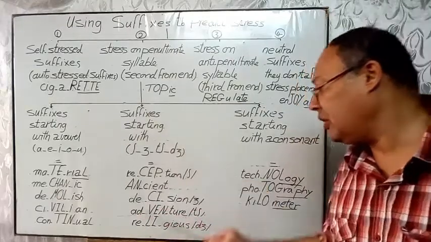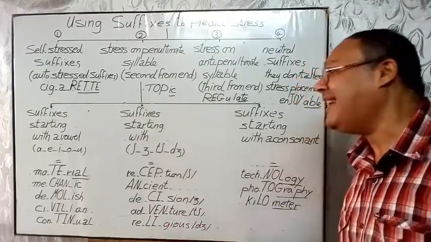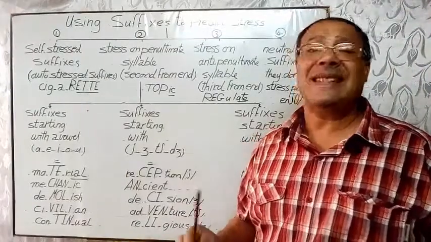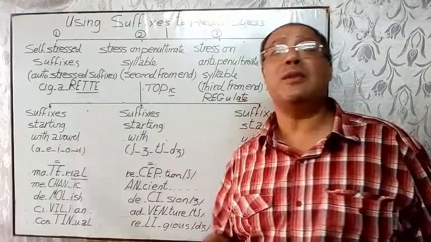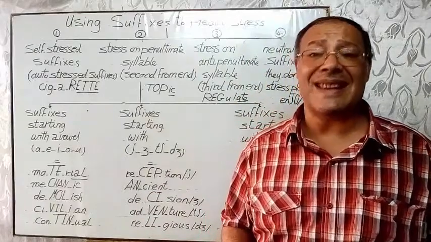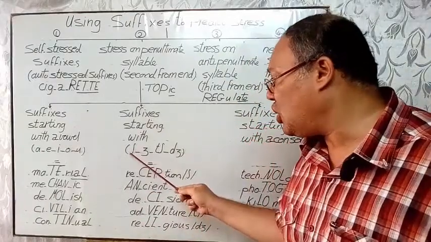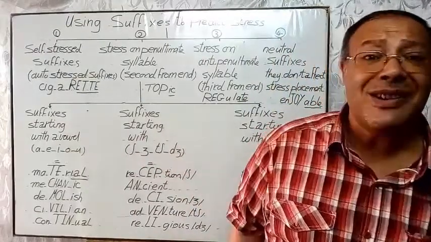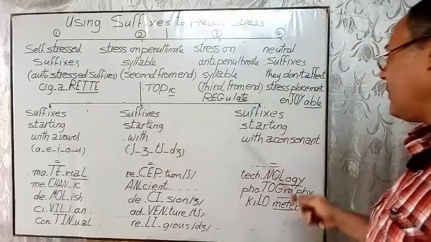Adventure, ch. Religious. Generally speaking, the syllable that comes before a suffix starting with sh, ch, j is primarily stressed.